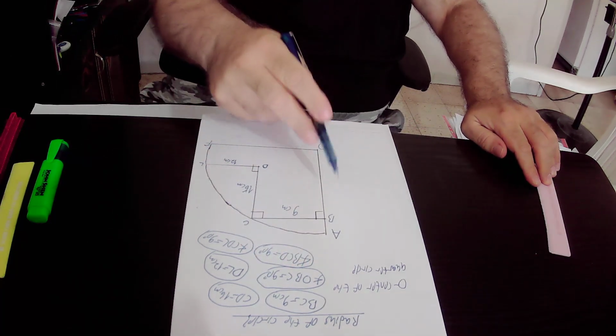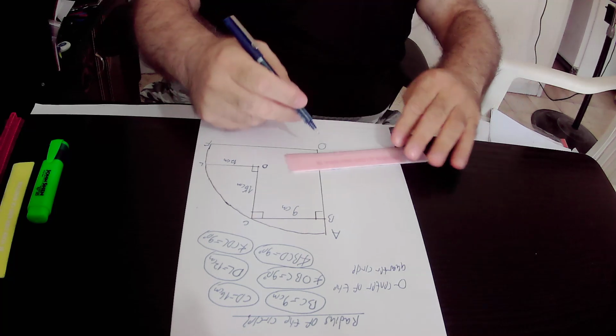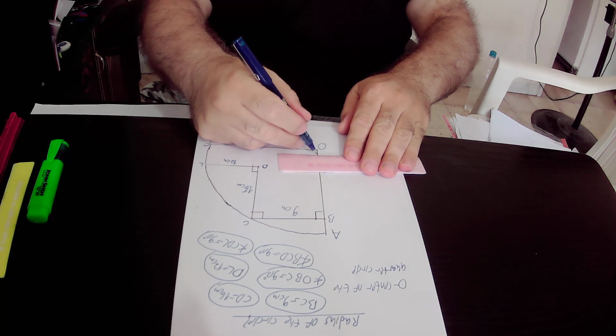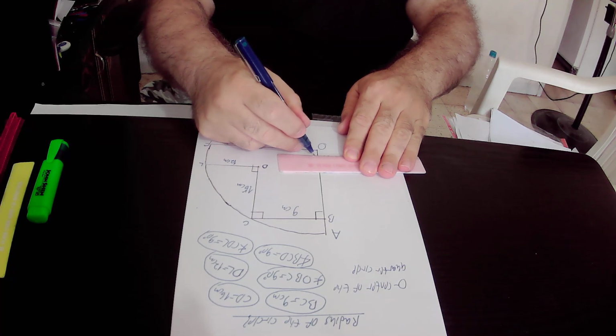And this angle AOF is equal to 90 degrees. It is true in any quarter circle.